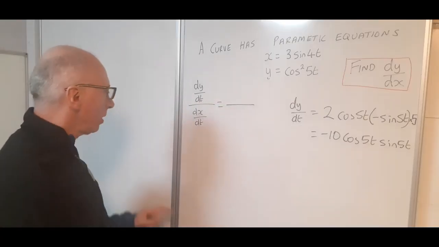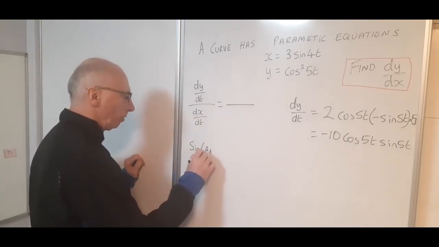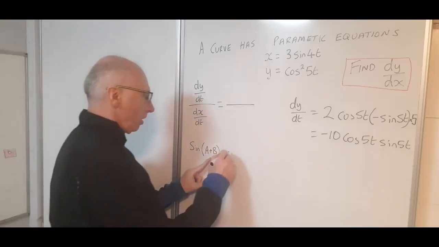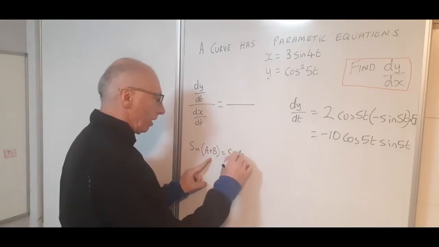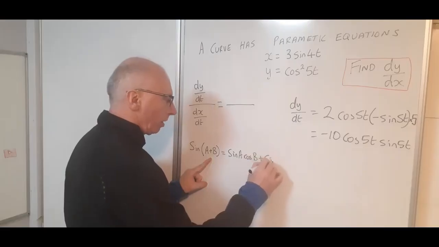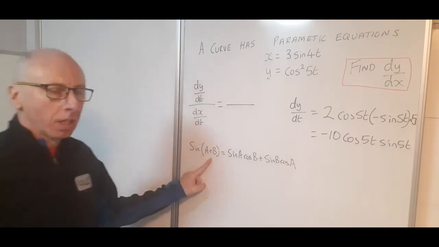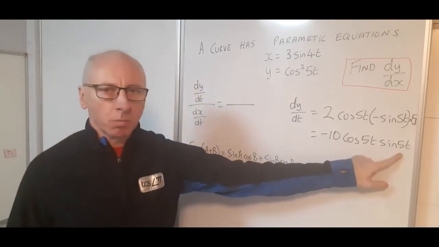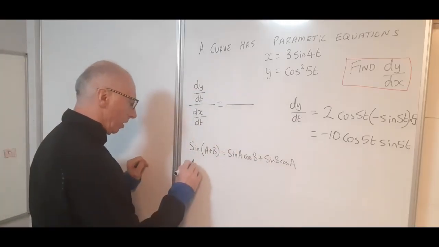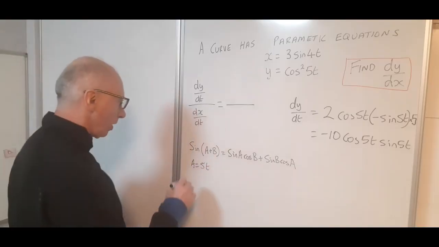Remember, the identity we have is sine of a plus b equals sine a cosine b plus sine b cosine a. If we're looking at this one, we can let a equal 5t, and we can let b also equal 5t.